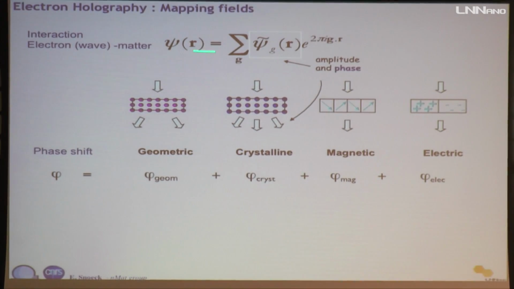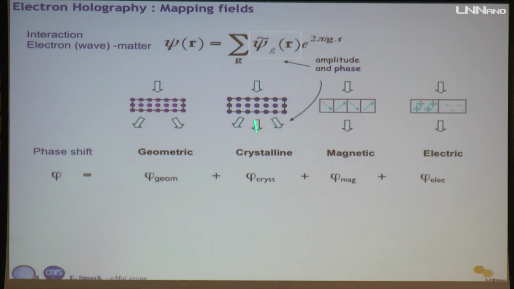So the first: if you have a beam interacting with some kind of electrostatic material, like a diode or a PN junction, you will have some interaction between the electrostatic field and the beam, and you get what we call an electric phase shift. If you have magnetic materials, domains, you will also have some magnetic phase shift.